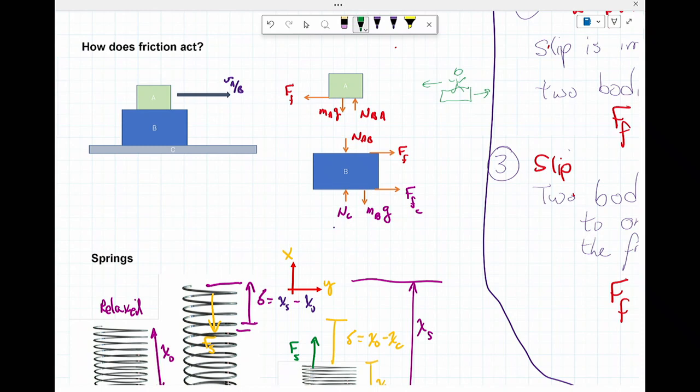But one of the things to remember is that I did not say velocity of A. This is velocity of A relative to B. The velocity of B relative to A will not be the same because it's much heavier, clearly, but it will be moving to the left. So that's why I start and get the friction forces acting to the right, because they oppose the motion of B.